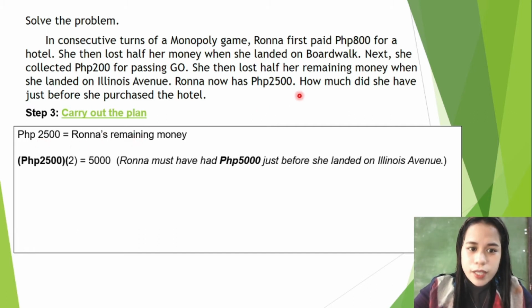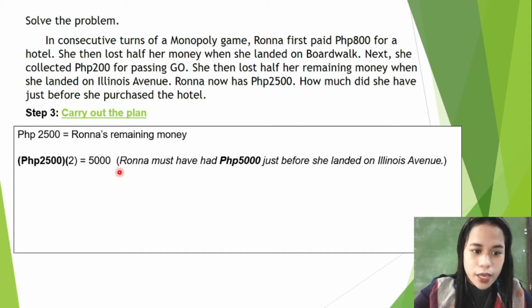Let us start. In the last sentence, it stated that she then lost half her remaining money when she landed on Illinois Avenue. So, we need to know first kung ilan ba yung money ni Rona just before she landed on Illinois Avenue.